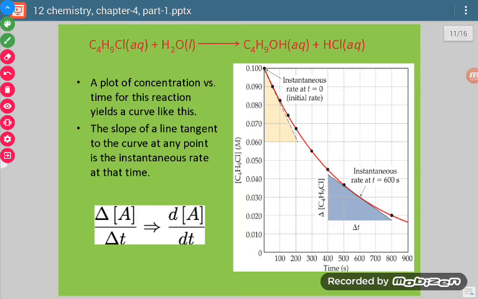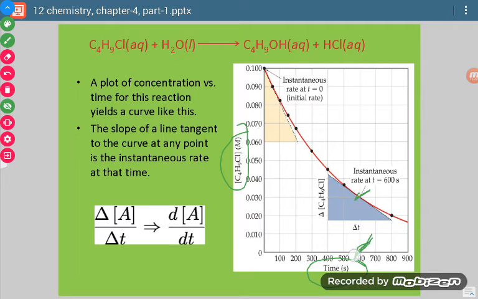Now if we plot the graph of concentration of reactant with time, the graph is like this. If we want to calculate the instantaneous rate, then this is the time.